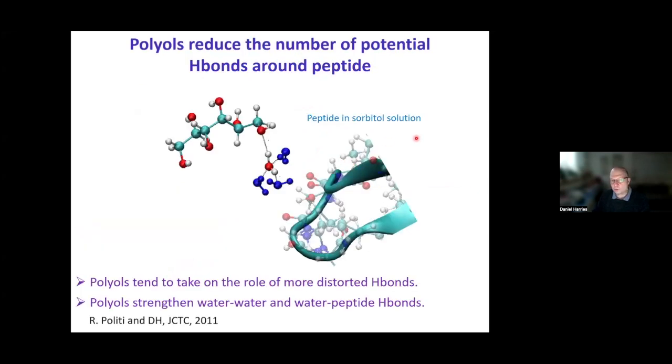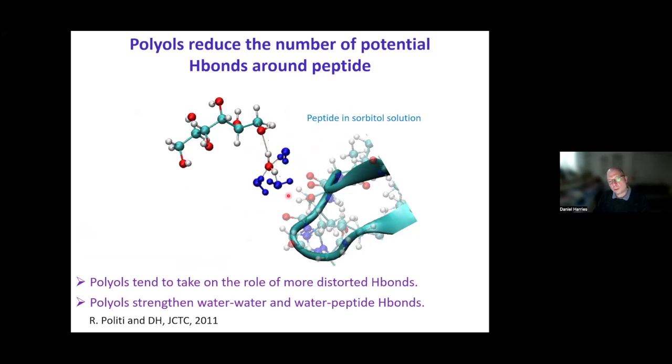This is a snapshot from the simulation. We have the protein and then the solute, but in between there is a monolayer of water. And in this monolayer, the hydrogen bonding between the water molecules is stronger than in pure water, while again, rather weak or weaker hydrogen bonds are formed between water and this next layer of solute.